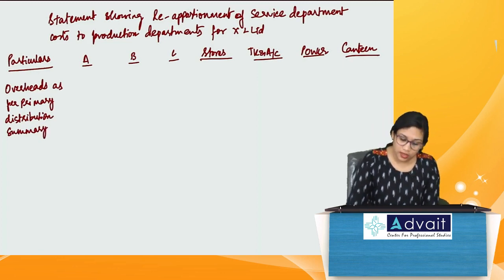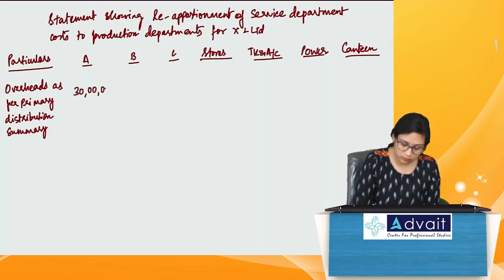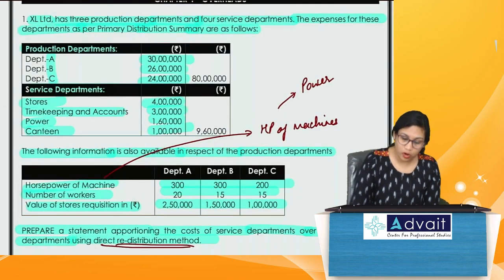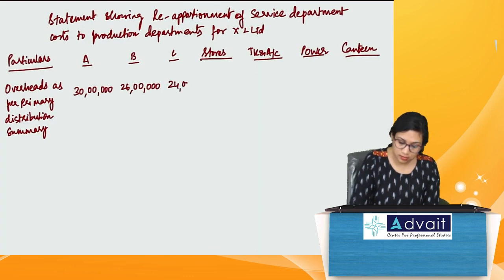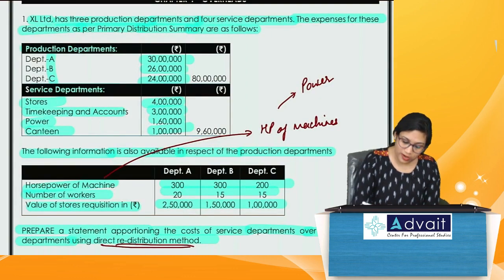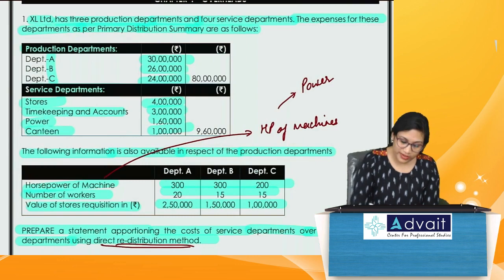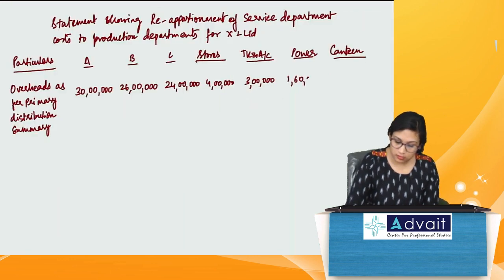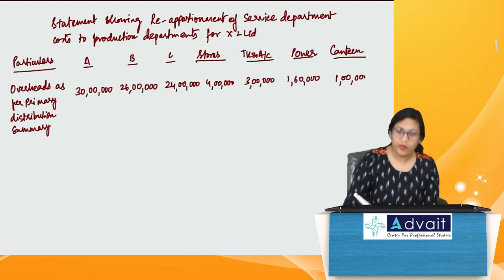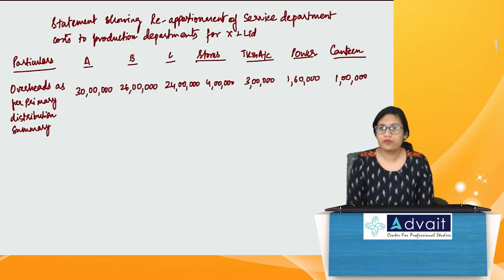Let's jot down the figures: 30 lakhs, 26 lakhs, 24 lakhs, then 4 lakhs, 3 lakhs, 1,60,000, 1 lakh. Guys, these are the figures which they have only given to us in the problem, right?